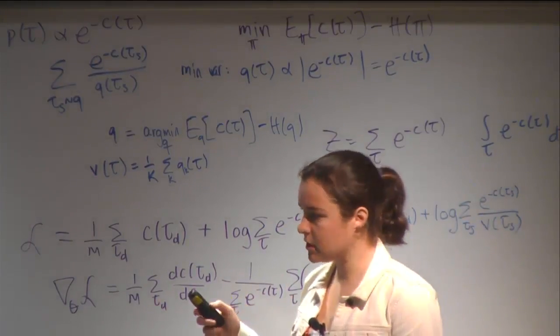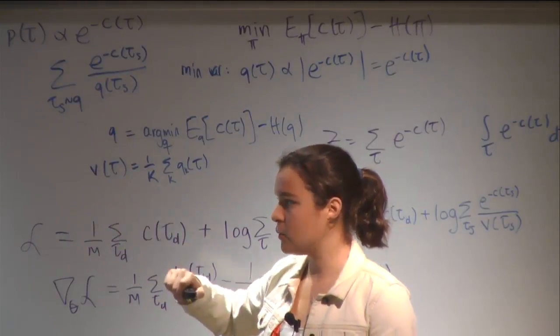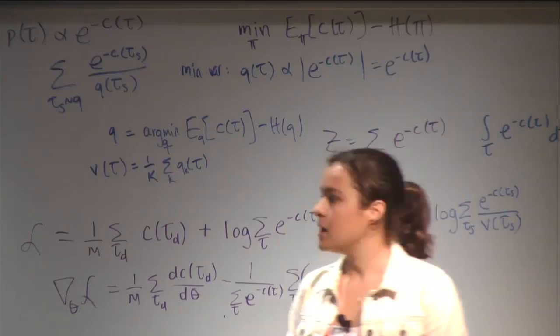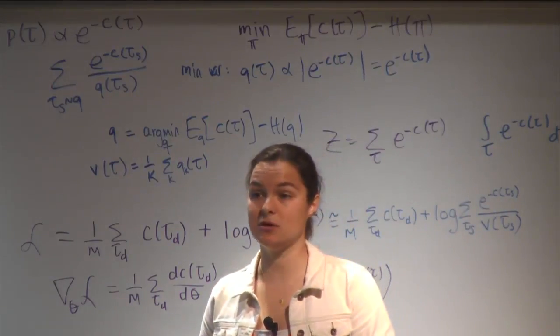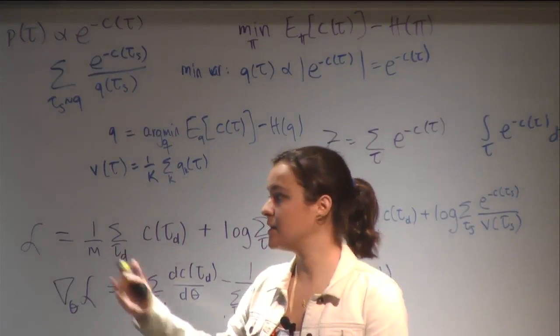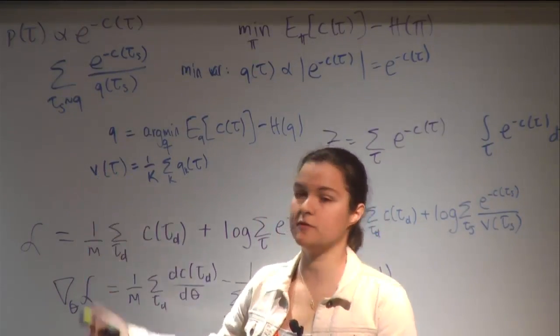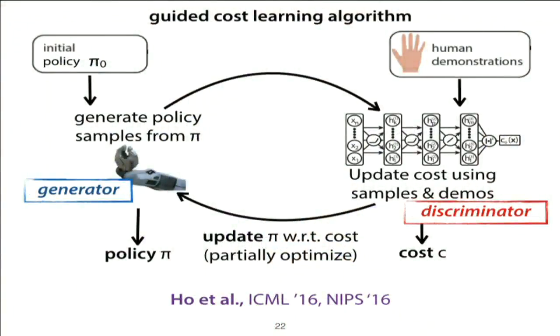Another thing that I'll expand on next is that at the same time, Jonathan Ho, who was a PhD student at Stanford, developed a very similar algorithm that at a high level looks very similar, though at a low level it was derived very differently. It also has the structure of iterating between optimizing for your policy and optimizing for your cost.